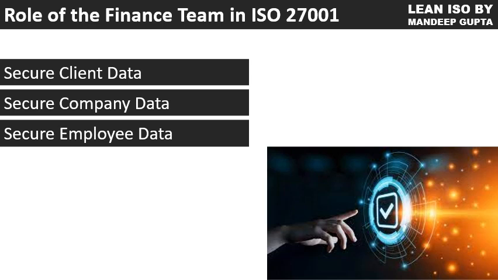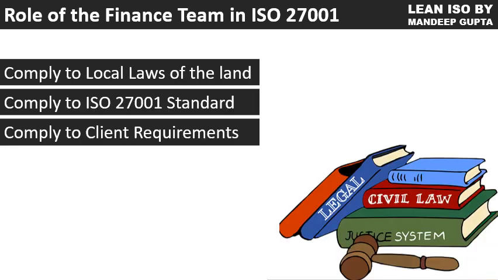Now, the second responsibility of the finance team is they have to comply with the local laws of the land. They have to comply with ISO 27001 standard requirements, and they have to comply with client requirements. So they have to comply with all these three requirements. Any labor laws, the salaries should be according to the laws of the land.